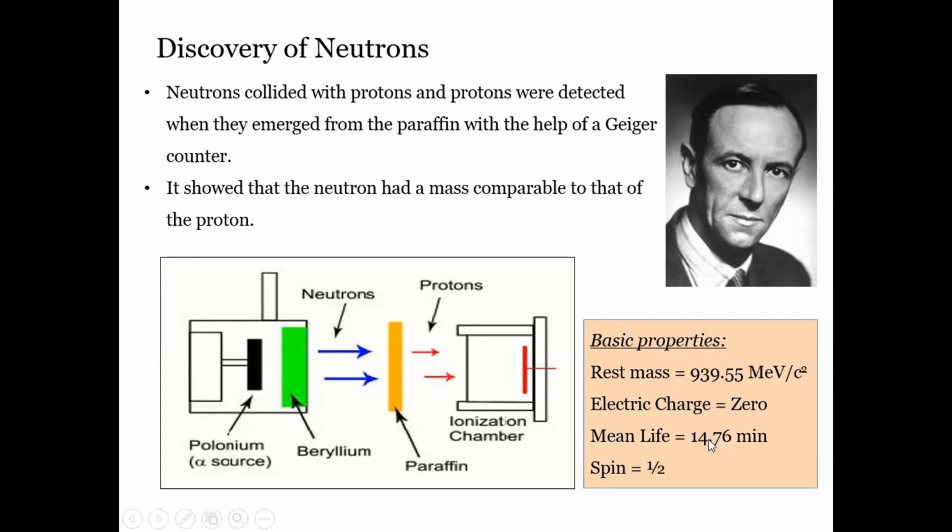They have a spin of half. So a neutron cannot survive unattended in nature. Once it is free to move around, it will decay. It will break into a proton, an electron and an antiparticle, and its mean life is about 14.76 minutes.